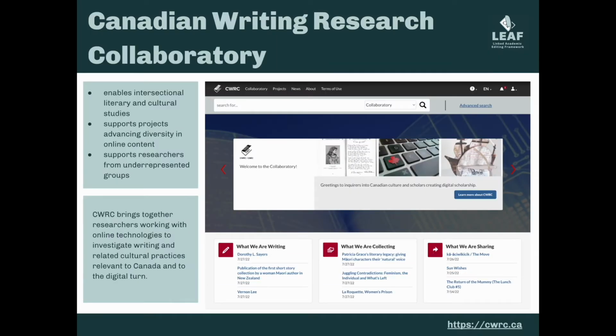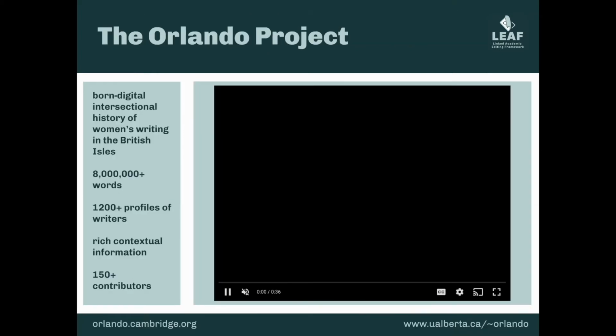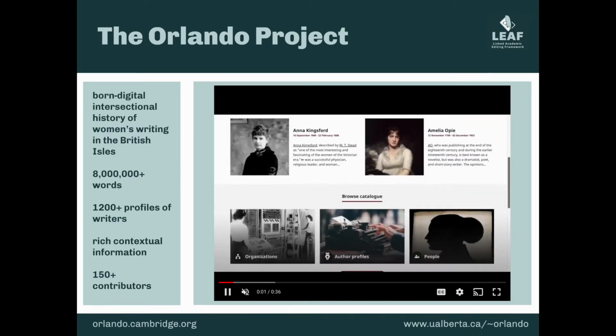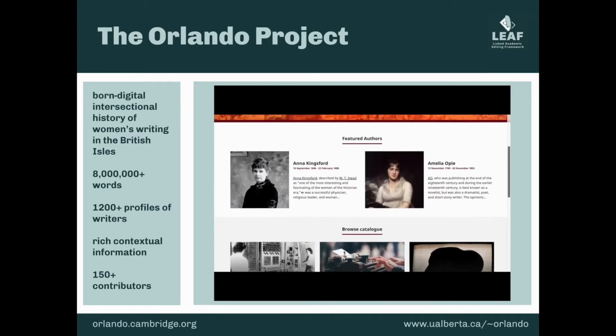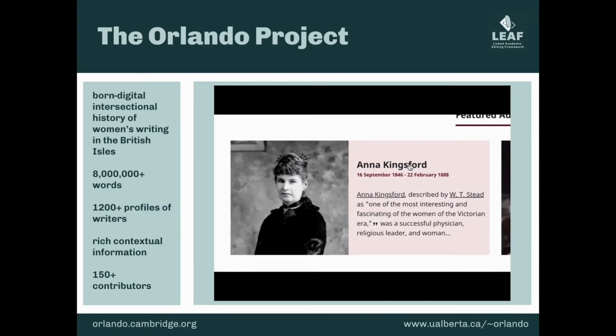LEAF extends the CWRC infrastructure for intersectional literary and cultural studies in Canada. CWRC provides an on-ramp for scholars less experienced with technology, including researchers from groups that are not well represented in the digital humanities, by providing an integrated and accessible platform that promotes best practices in online scholarship. CWRC itself grew out of the Orlando project, which has been creating feminist literary history using semantic technologies since 1995.